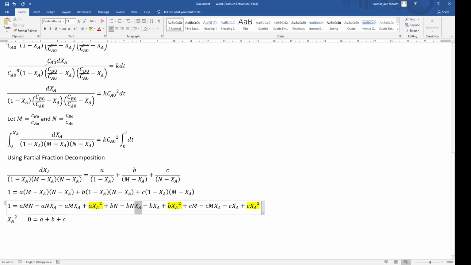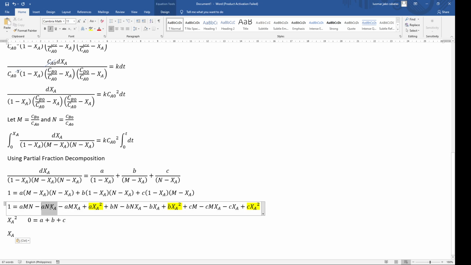Now for xa, we have this, ano, should be lahi na color, correct? This one, and this.